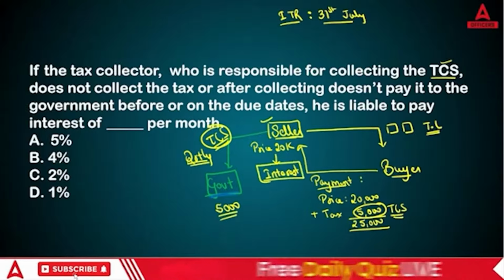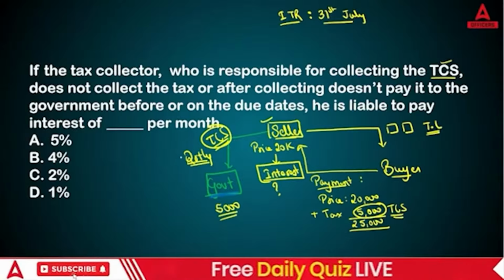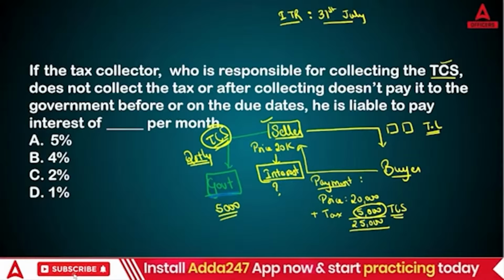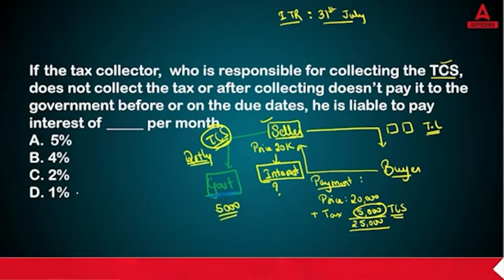And in this question, they're asking what is the penalty amount that seller needs to pay to the government if he is not submitting quarterly reports, or if he has collected any amount from the buyer and doesn't deposit it to the government. That amount is 1% per month. Yes, right answer is 1% per month.